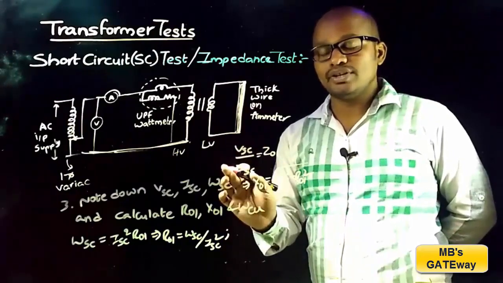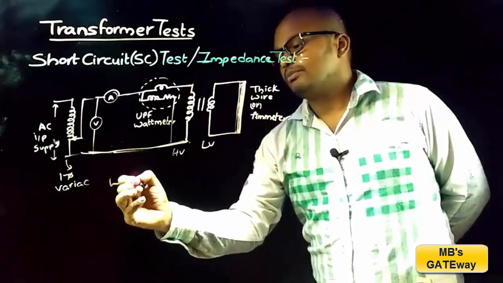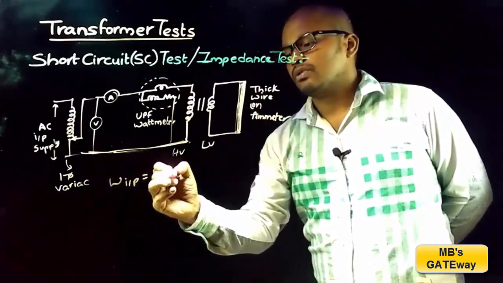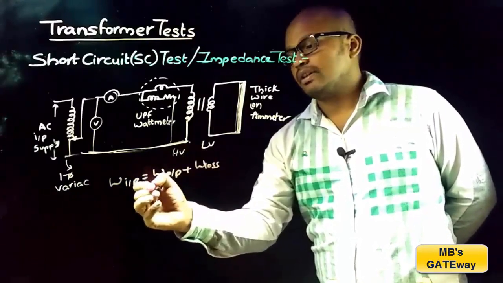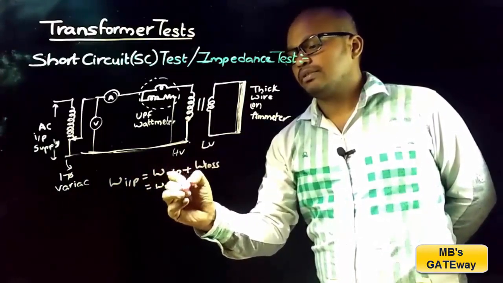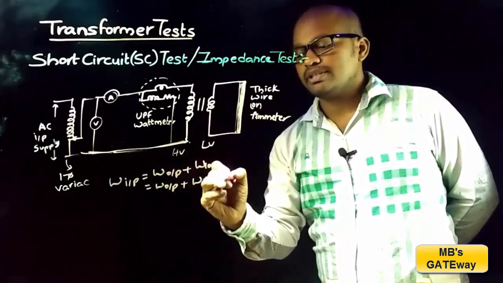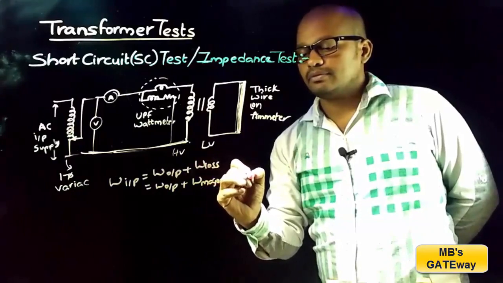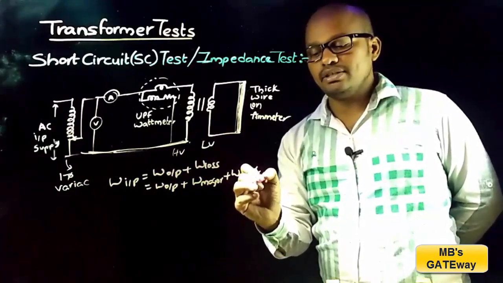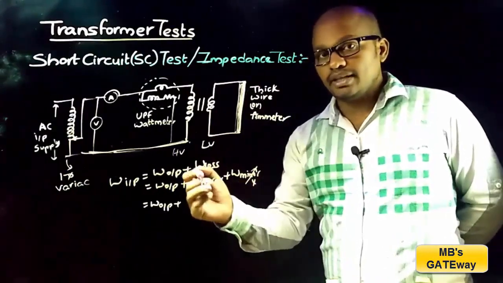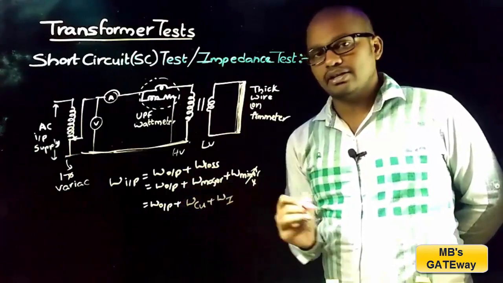Now let's see how to find the copper loss of the transformer. It is known that total input power is equal to total output power plus losses, and in transformer losses are classified into major losses plus minor losses, and as minor losses are very low, these can be neglected, and the major losses are copper losses and iron losses.